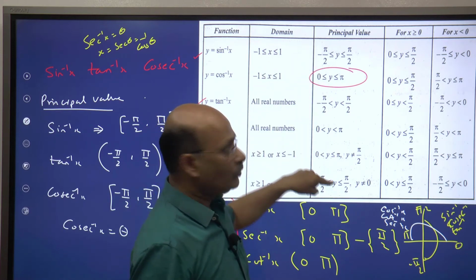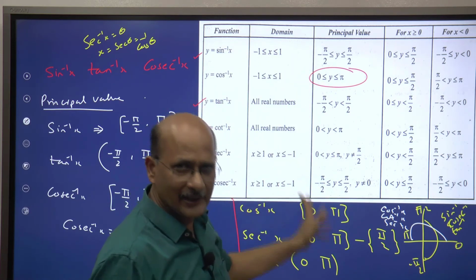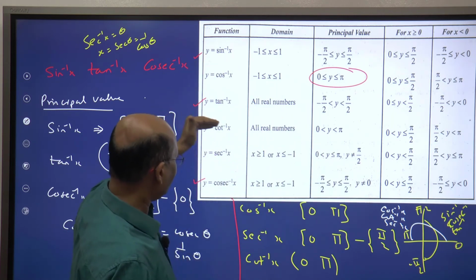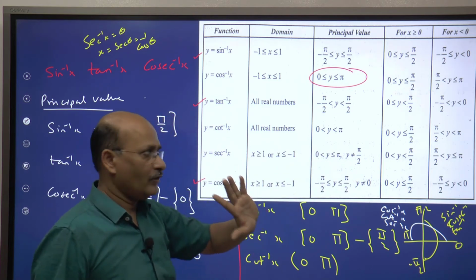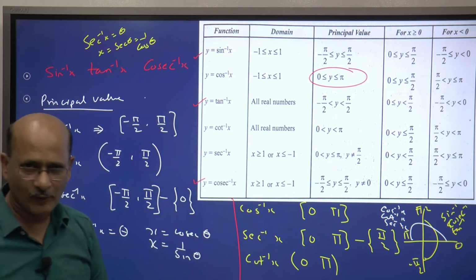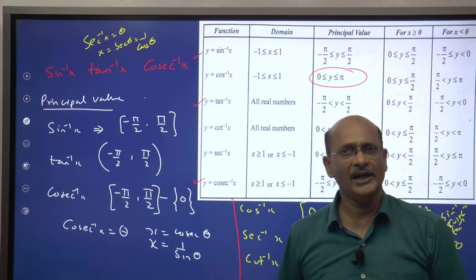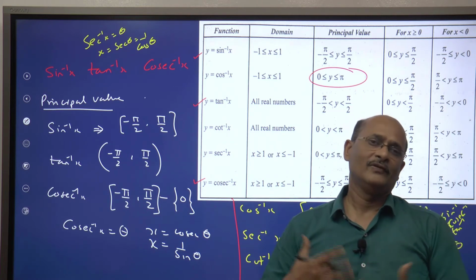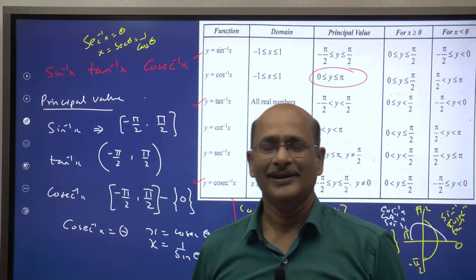Principal value for sine inverse, tan inverse and cosec inverse is minus pi by 2 to pi by 2, whereas for cos inverse, cot inverse and sec inverse it is 0 to pi. Keep that always in mind. I hope you got this point, children. So go through this lecture again and again, understand what I am trying to share with you, and then we will start the MCQs on a very positive note.